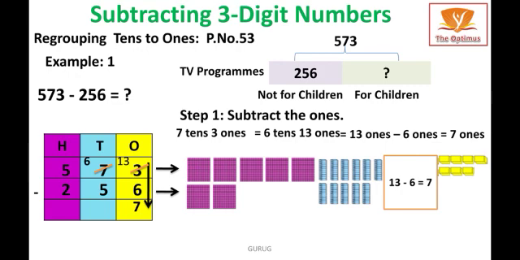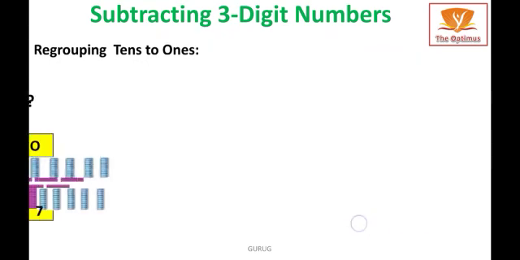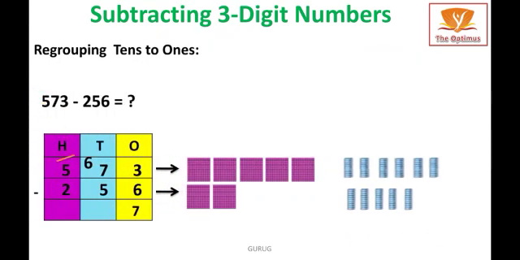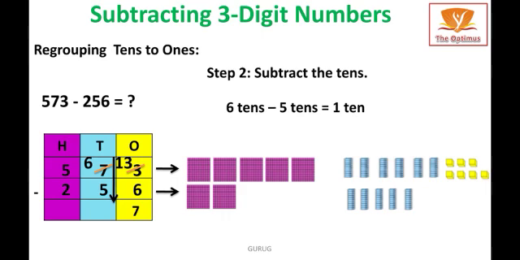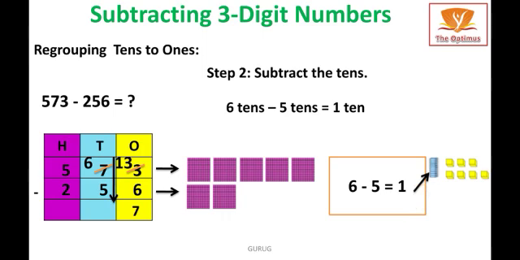Next, step 2, subtract the tens. In the tens place, I now have 6 tens in the minuend and 5 tens in the subtrahend. Is it possible to subtract? Yes. 6 tens minus 5 tens equals 1 ten. In this 1 ten, 1 I am going to write in the tens place.